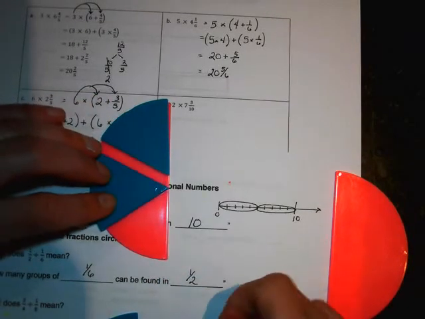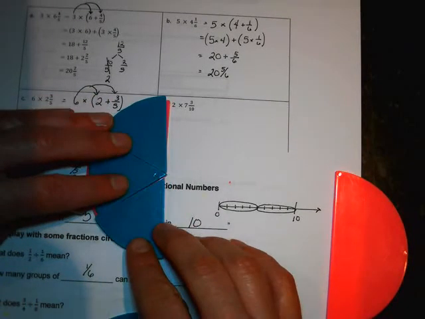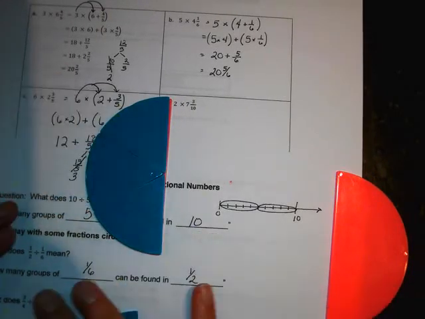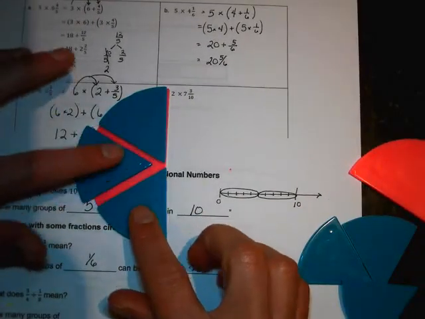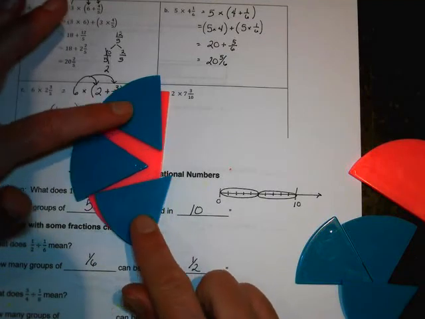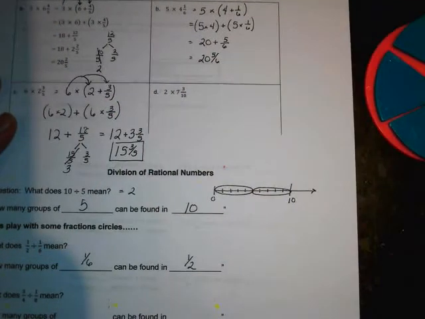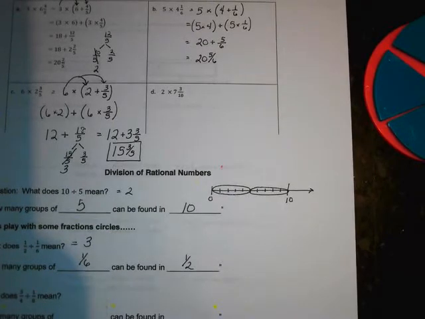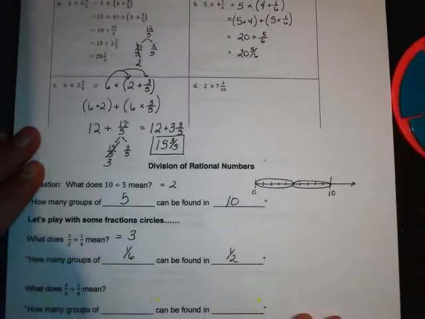Look at that. We just divided fractions with just using manipulatives. That's cool, right? So kids aren't intimidated by that. 3. The answer is 3. Right? So you can find 3 groups of 1/6 in 1/2.